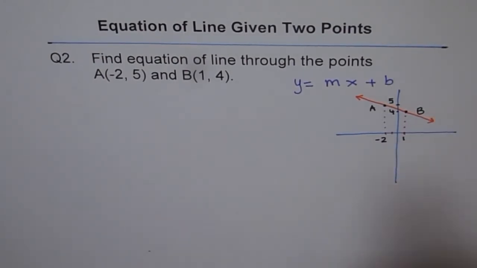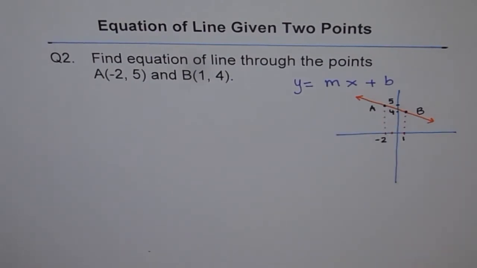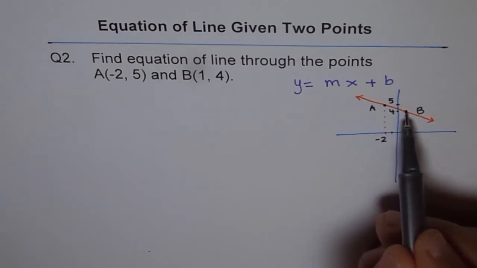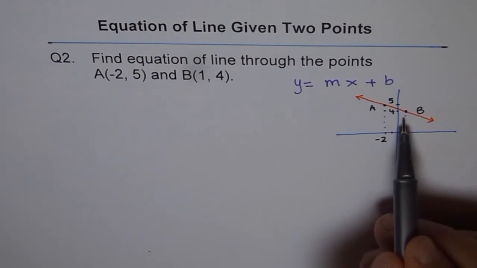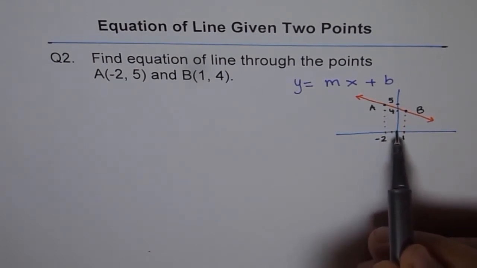Now slope is rise over run. If you have to go from point A to B, you need to go 1 unit down, and run how many horizontal units? 1, 2, 3.